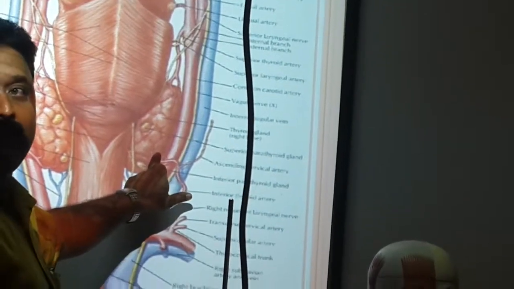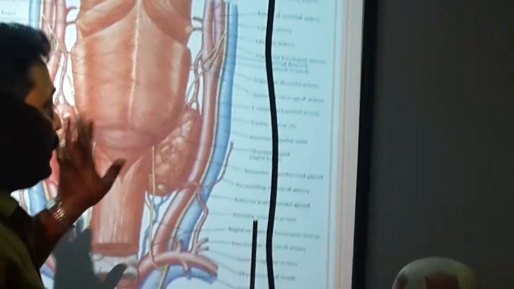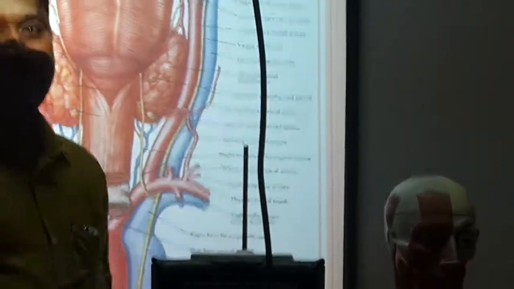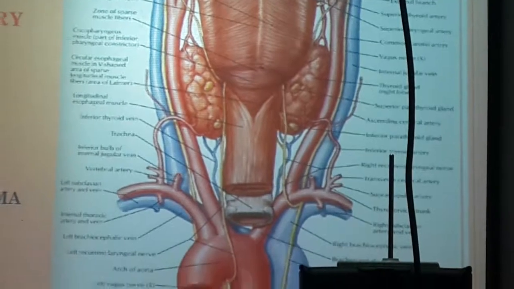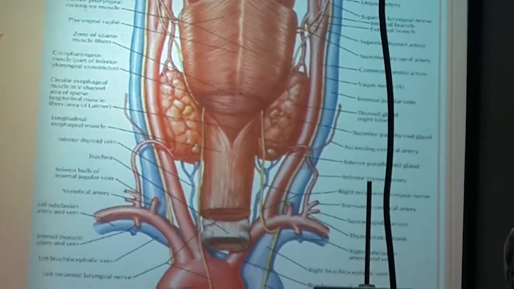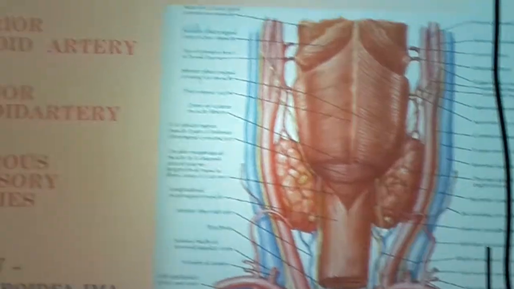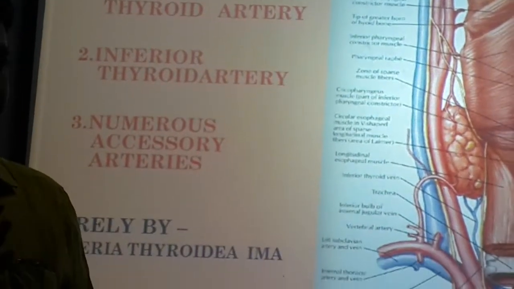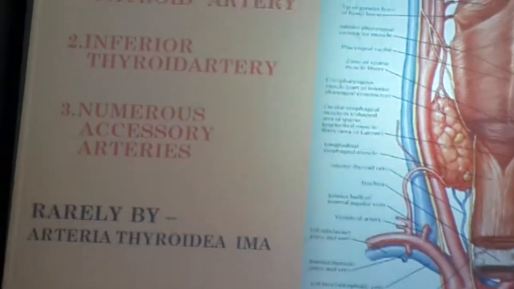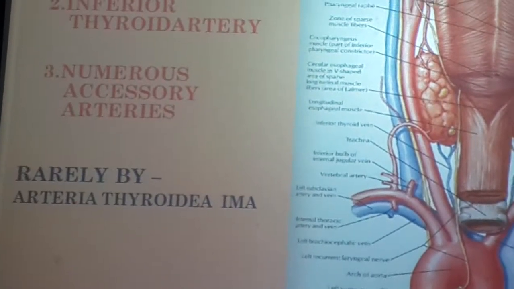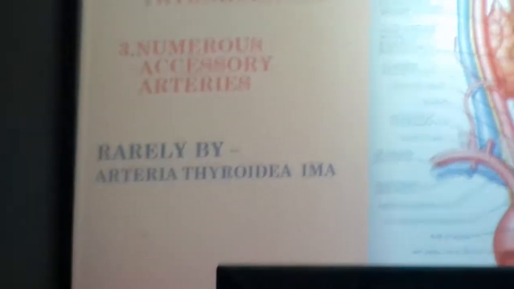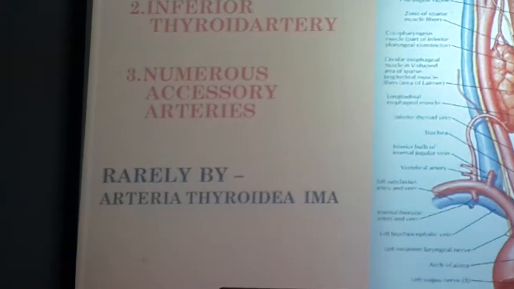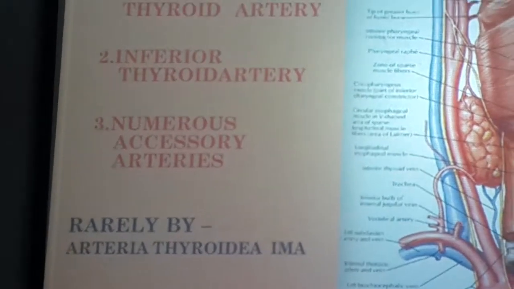Apart from this, there may be many accessory small arteries supplying the thyroid gland. So it has got a rich blood supply. And rarely by the arteria thyroidea ima. Rarely it supplies. It is nothing but a branch from the arch of aorta directly.